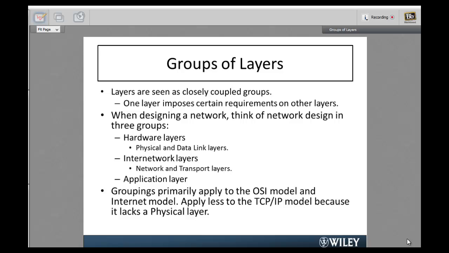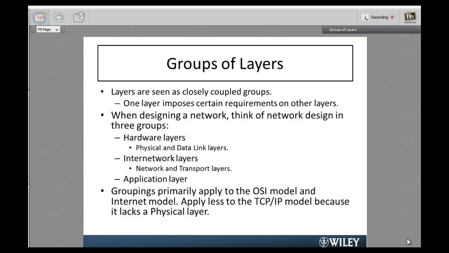Yeah, okay, thanks. Okay, so the groups of layers will be another organization for our model. We can have a model of a group of layers in which, when designing a network, we might think of a network design in 3 groups: hardware layers, inter-network layers, and application layer.